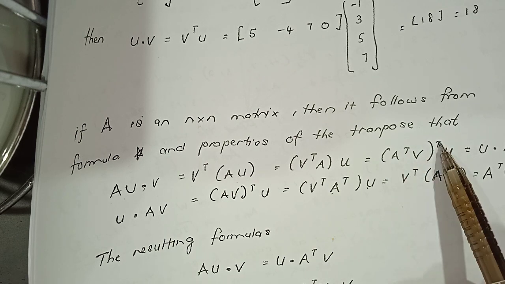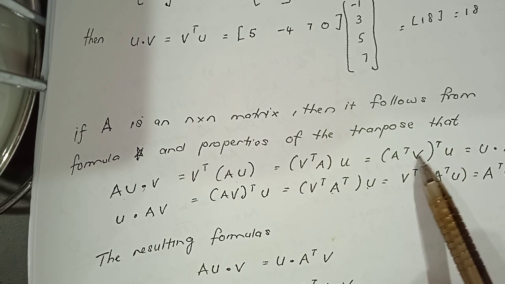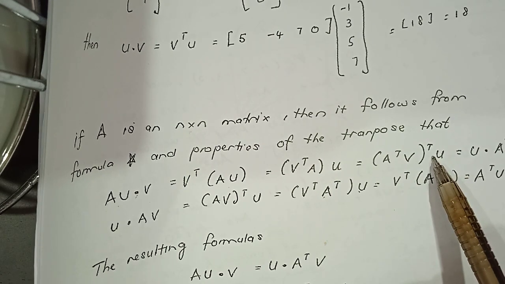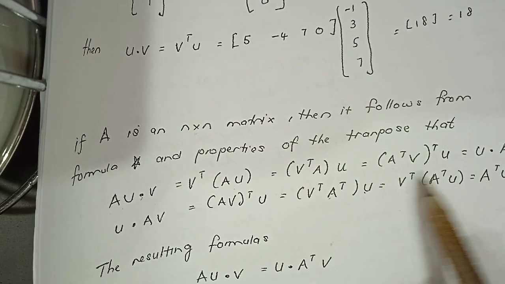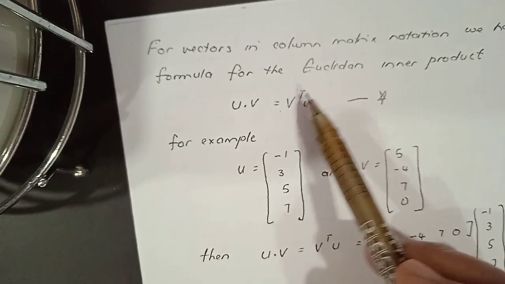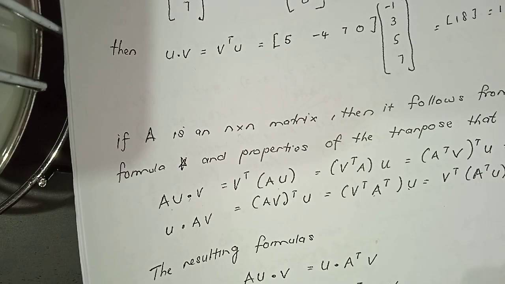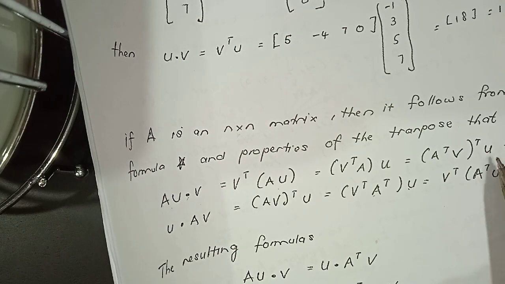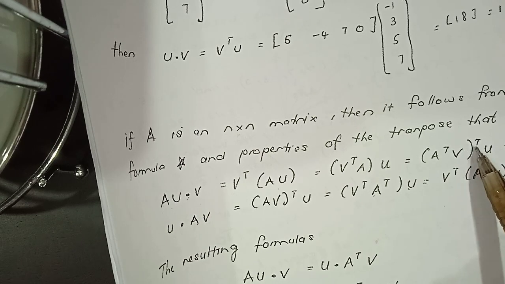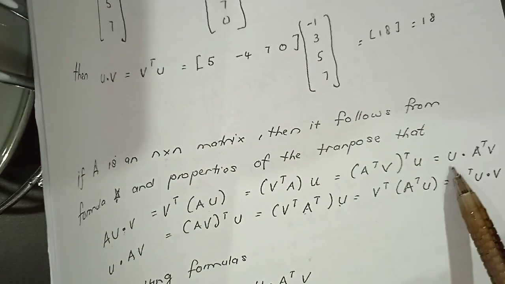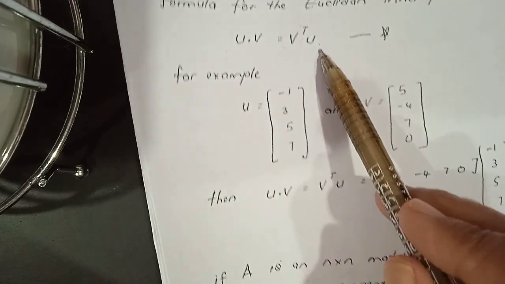So if we use the transpose on each vector, we get this one. Using this back, the first vector is u dotted with the first vector here. We get this from the star formula, referring back to this.